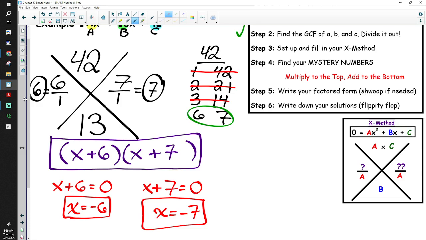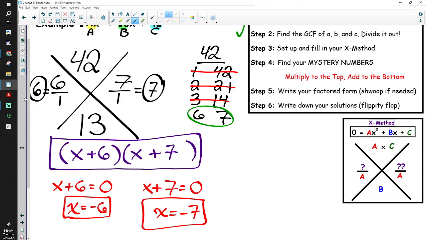What do you notice about our factors in the x method and the solutions? They're the same except the 6 became a negative 6, the 7 became a negative 7. If this was a negative 6, guess what it would have become?